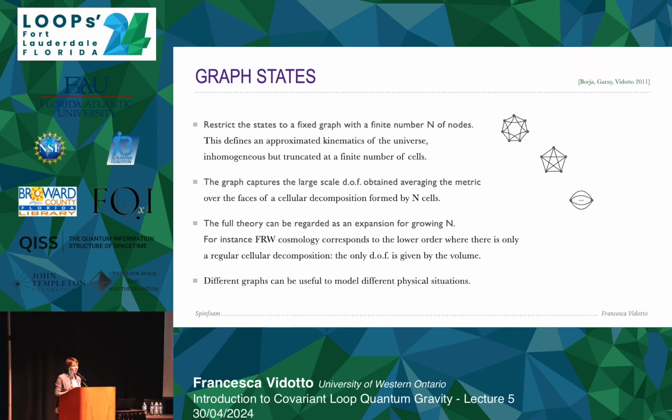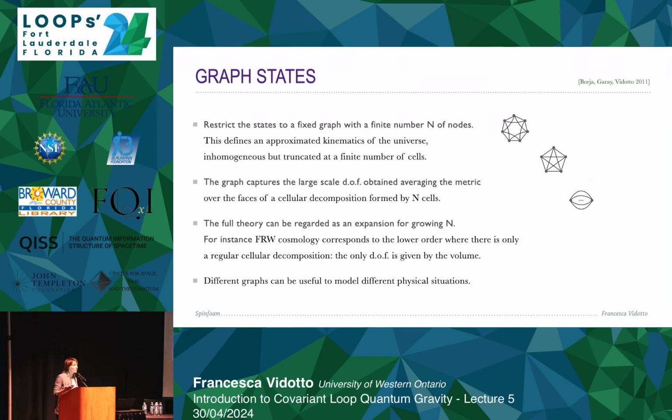So it's not a rigid way in which you impose homogeneity and isotropy. You just take them as an approximation of what happens in the universe, and you let some quantum freedom be there. Depending on what you want to describe, you can choose different graphs.